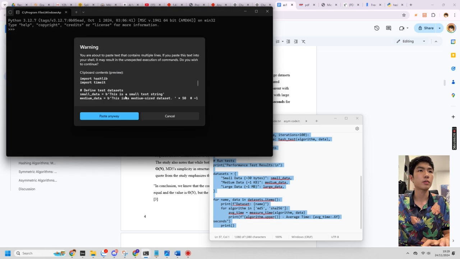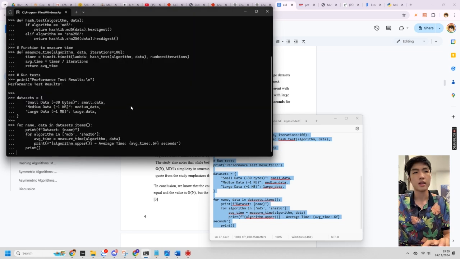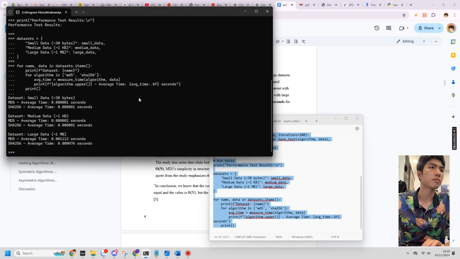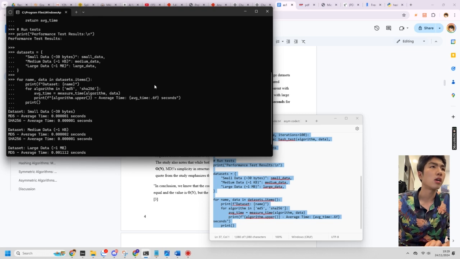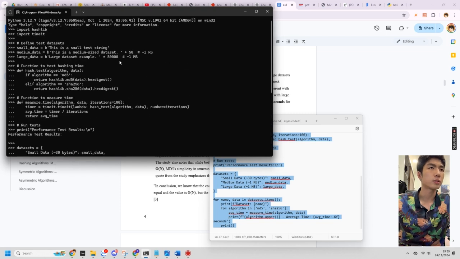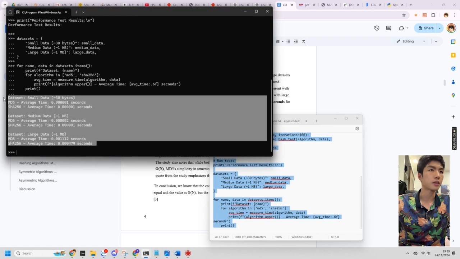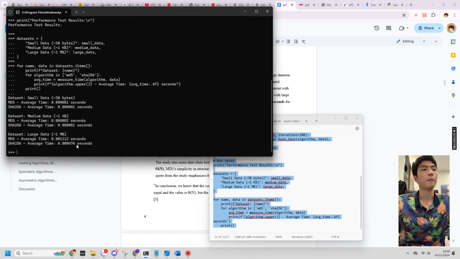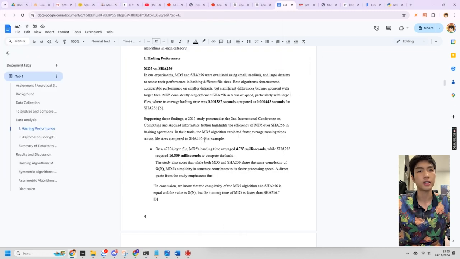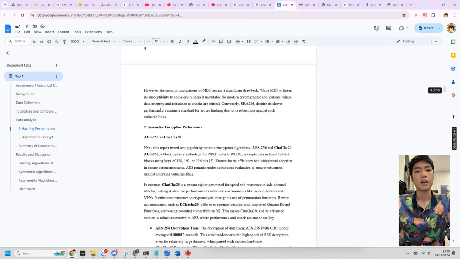This was the algorithm that I ran, and it just tests the difference between the hashing time for MD5 and SHA-256, and it outputs these results. And we could see that with larger data sets, SHA-256 outperforms MD5 significantly, and I reflected this in my report.